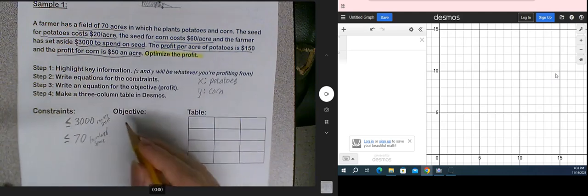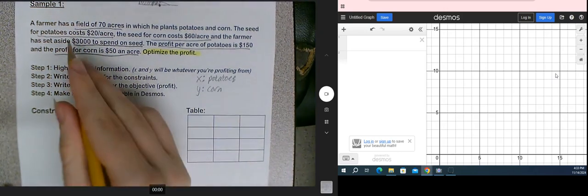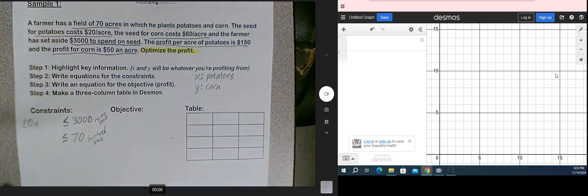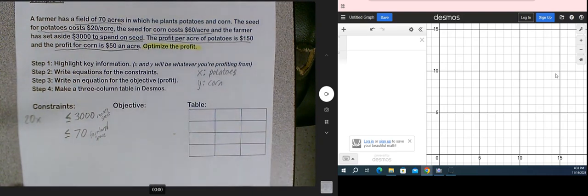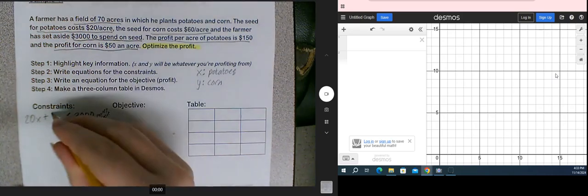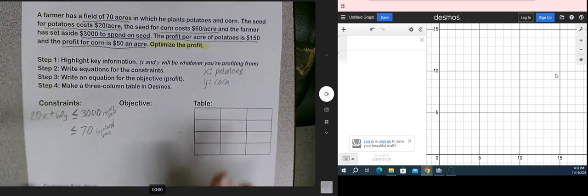Now on the left, we're going to put the amount of money that you would spend on potatoes and follow that up with an X. So the potato cost is $20 per acre, so that's going to be $20 for every acre of potatoes. So 20 times the number of acres of potatoes is how much it's going to cost for all of the potatoes together. Then we're going to add that to the cost of corn, which is going to be $60 for every acre of corn. And that's our first constraint.